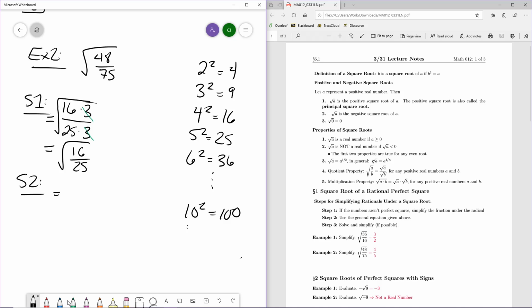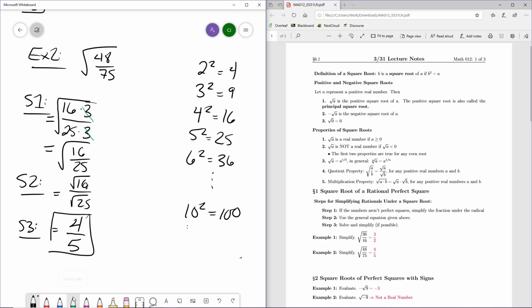The square root of 16 over 25 is the same as the square root of 16 over the square root of 25. Then we simplify. The square root of 16 is 4, because 4 squared is 16. And the square root of 25 is 5, because 5 squared is 25. We can't simplify 4 over 5 anymore, so this is our answer.